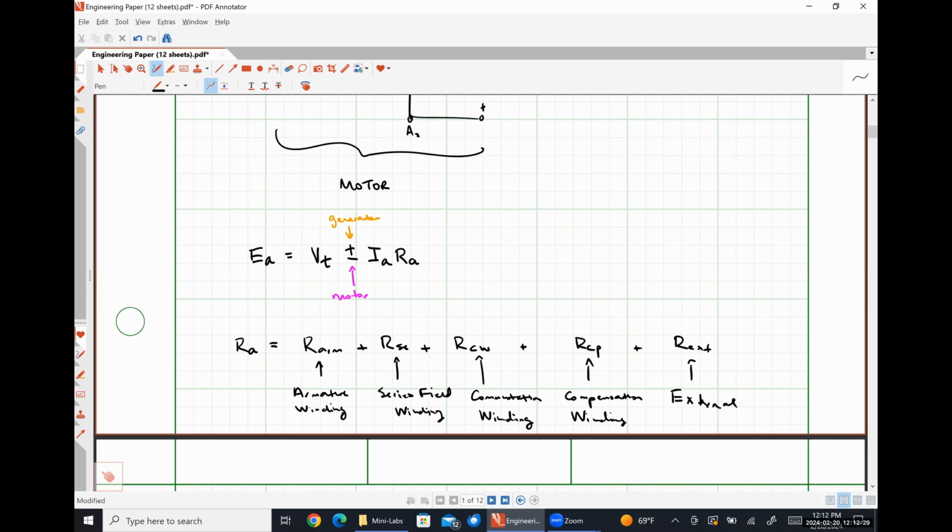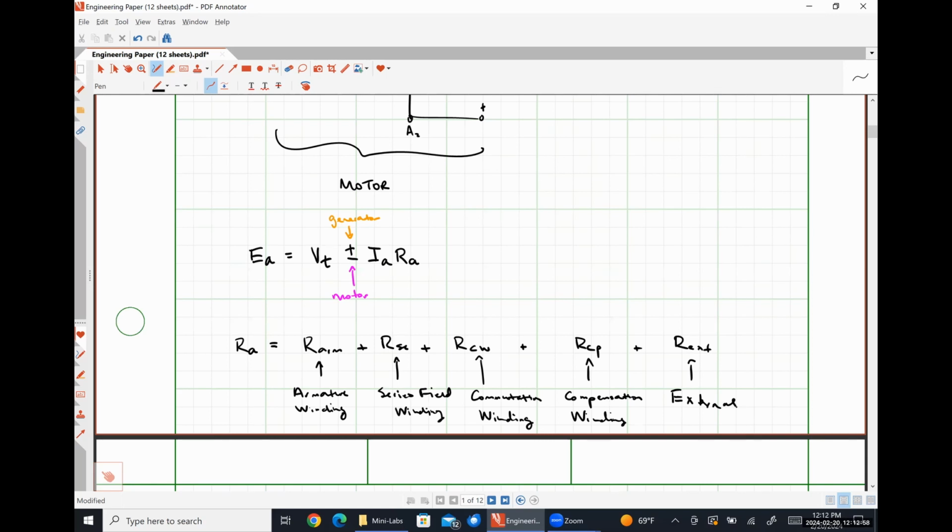So we just lump literally all of those series resistances that are connected together in order to make the motor work, right? So series field winding, we talked about that earlier. That is a few turns of very thick wires connected in series with the armature circuit. Because it's very thick wires and it's only a few turns, that's going to be something that's very small.